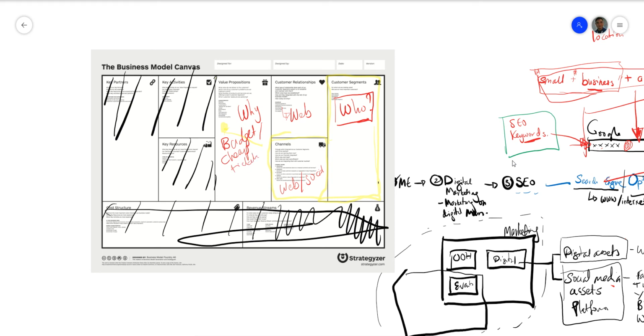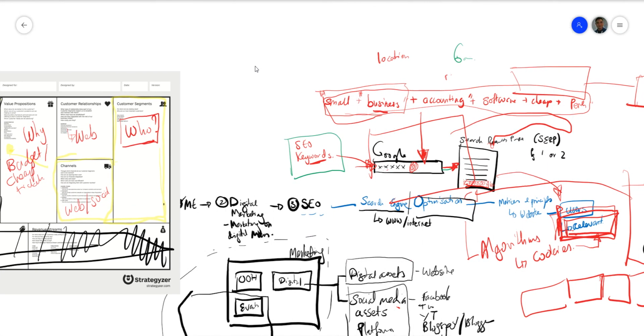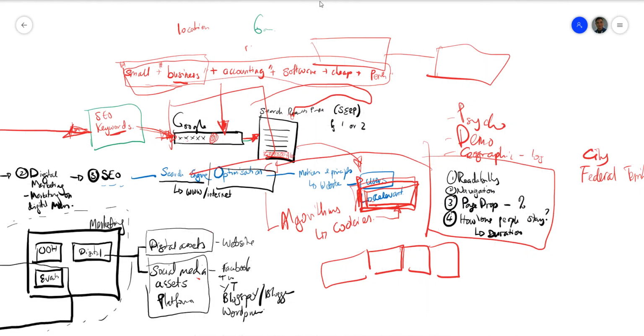Now, when I'm giving you this illustration, I want you to also bear in mind keywords used by your potential customers to land on your digital assets, your social media assets, right?